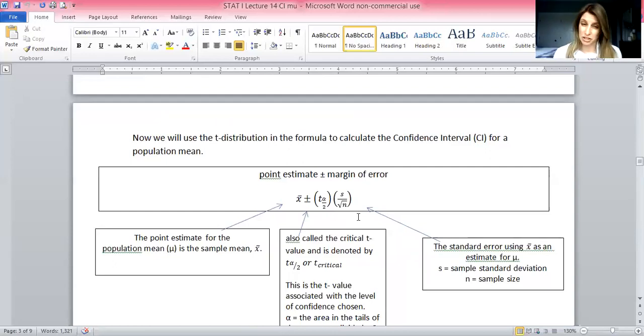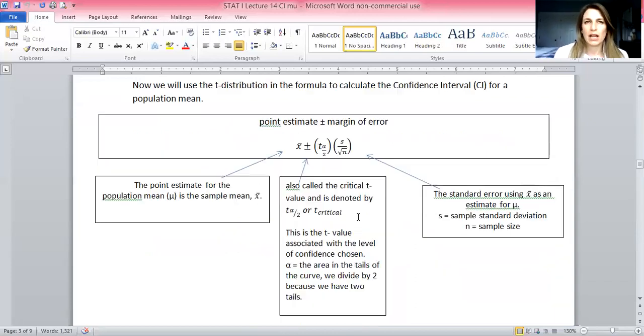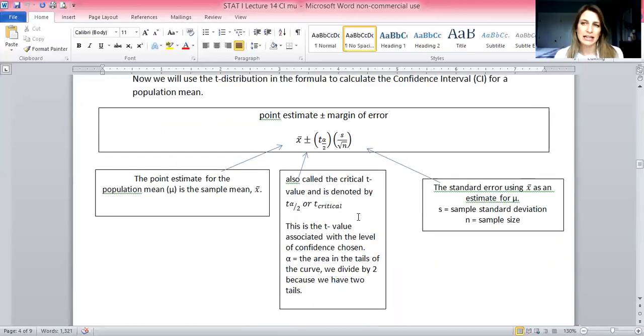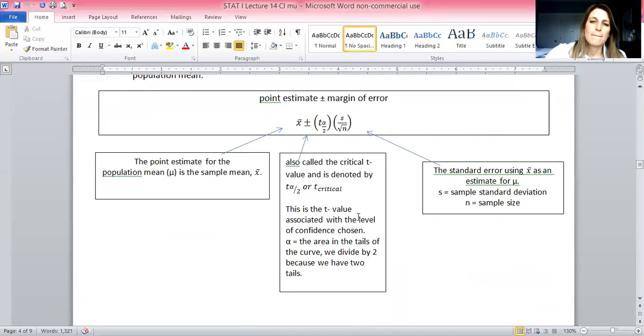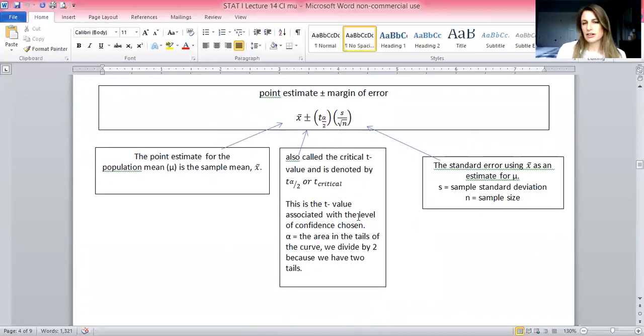It's more of a location. So that just depends on the middle. Like if I'm doing a 90%, then that means my tails have 10%. So if those tails have 10%, then I'm going to divide by 2 to get 5% each side. Okay, that's all we're looking at there. And then I have my standard error on the right side of my calculation.